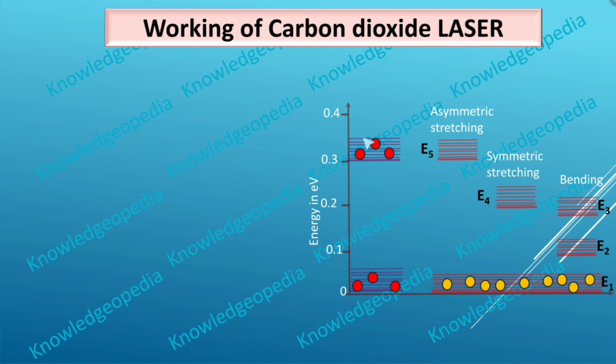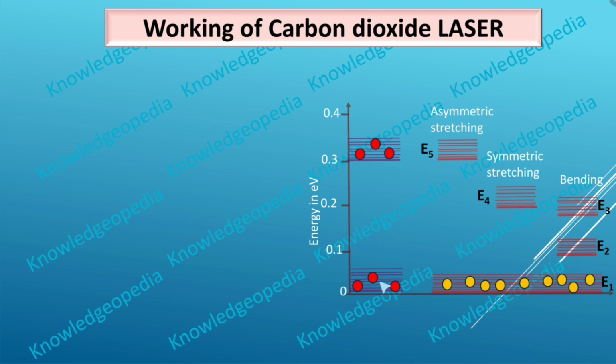This nitrogen excited state and this asymmetric stretching mode level are almost at the same energy level, and I have given this as E5. The energy level which corresponds to symmetric stretching mode is denoted as E4, and for bending I have taken this as E3 and E2, and the ground state I am taking as E1.